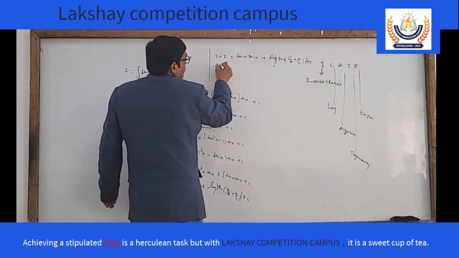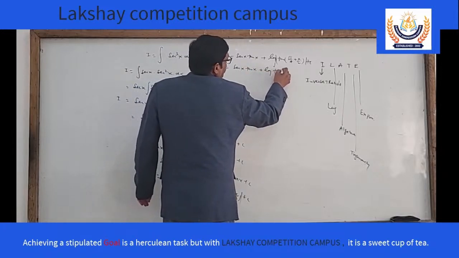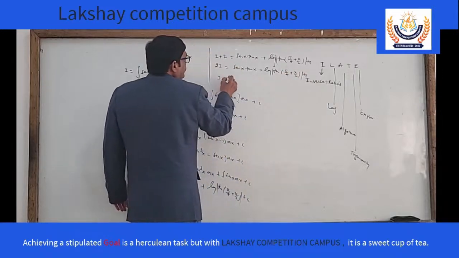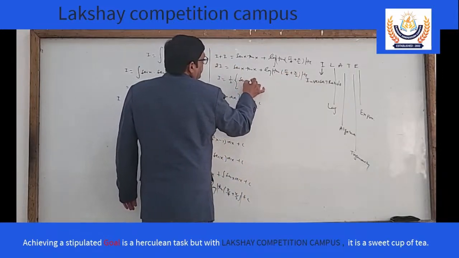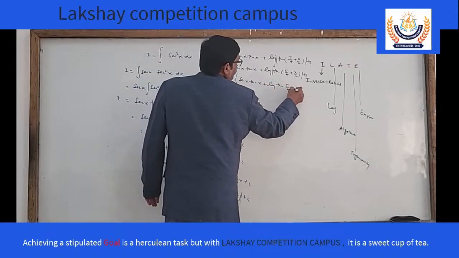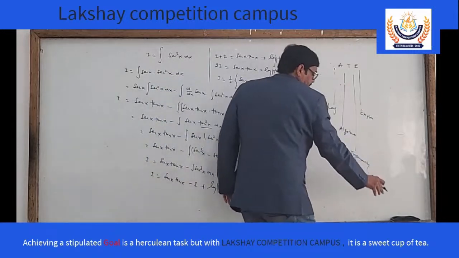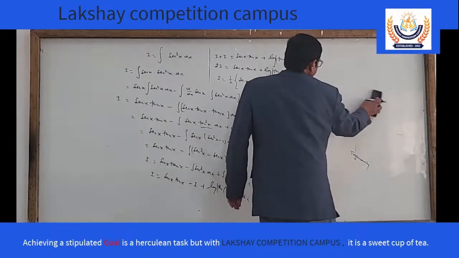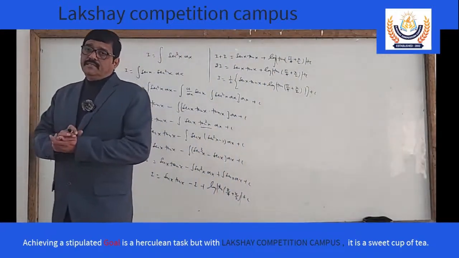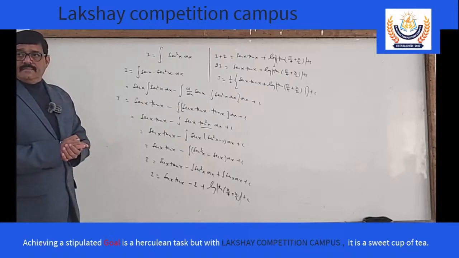So 2I is equal to secant x tangent x plus log tangent 45 plus x by 2. I is 1 by 2 secant x tangent x plus log tangent 45 plus x by 2, plus c. Is this clear now? This is the solution of the integration of secant cube x. Clear?